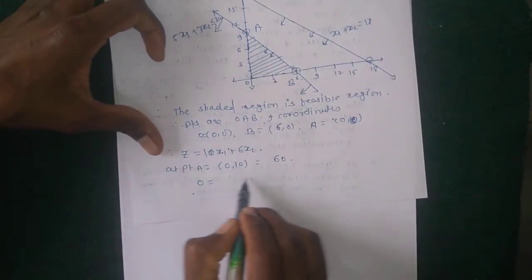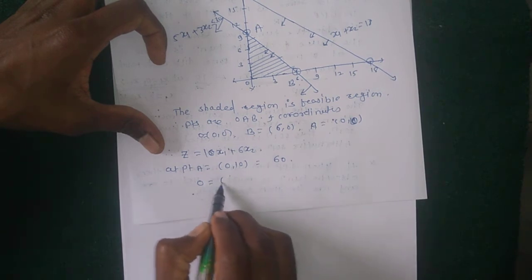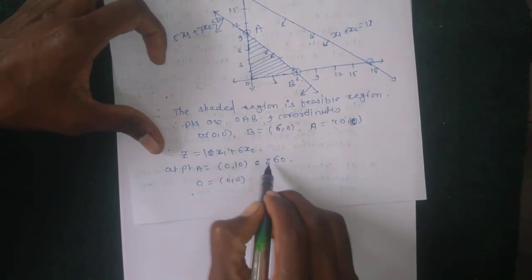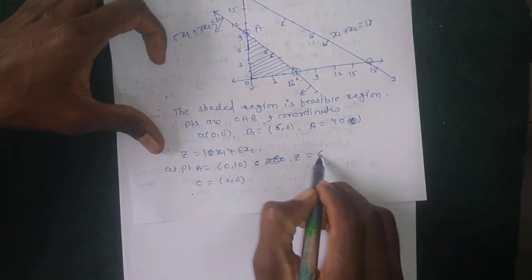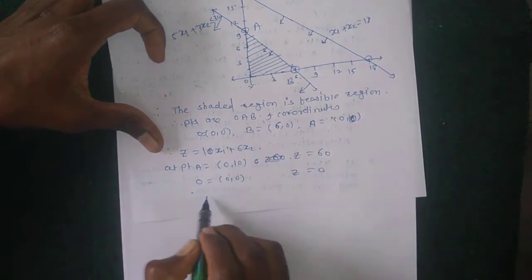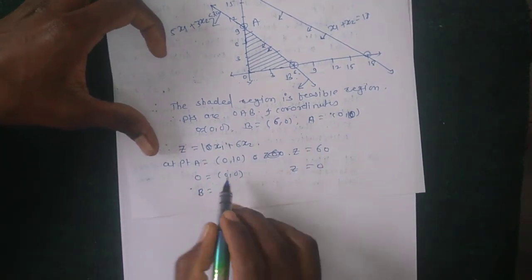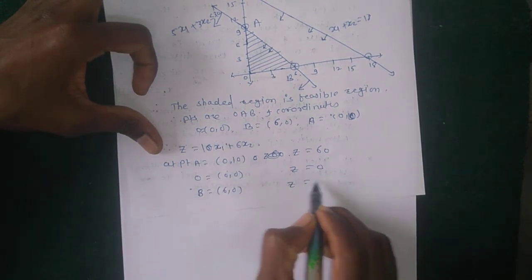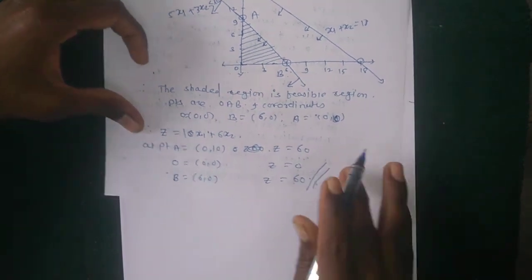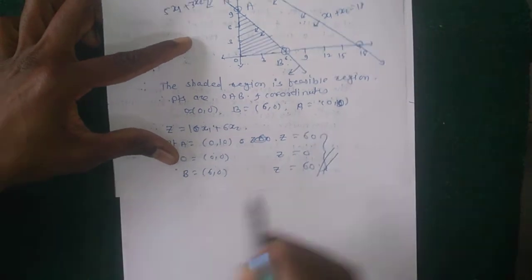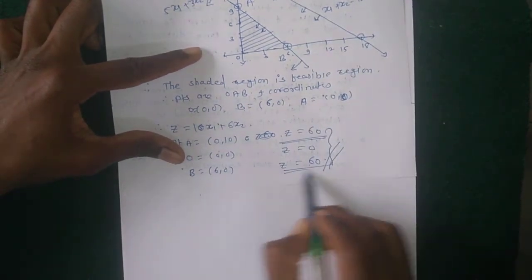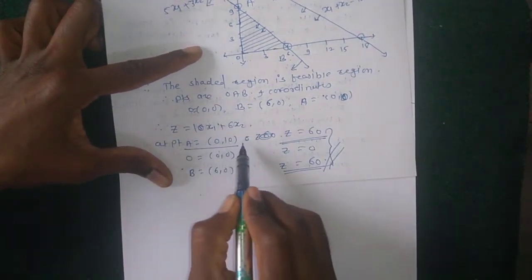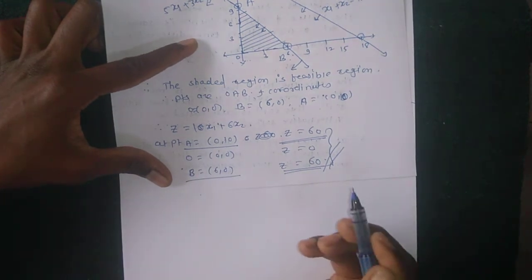At point (0, 0) the value is 0. And at point B (6, 0) the value is also 60. Therefore the maximum value of z is 60 at two points, A = (0, 10) and B = (6, 0).